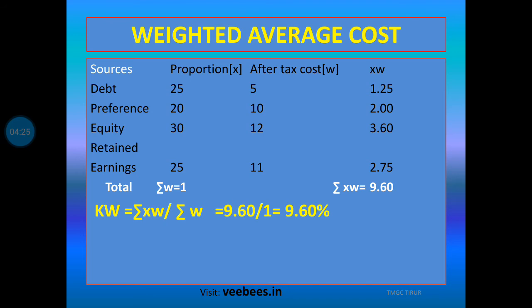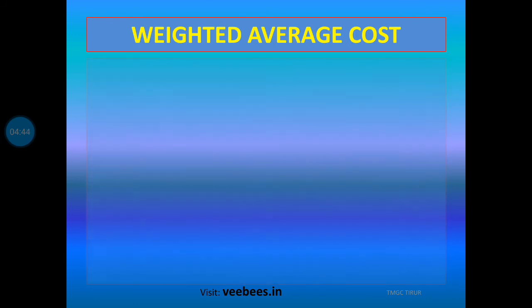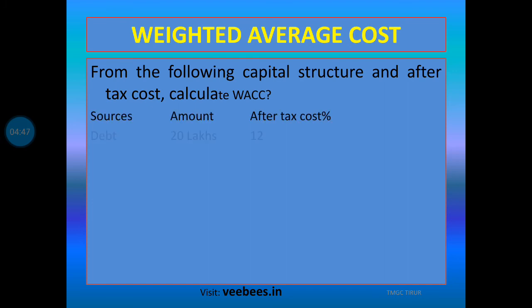Actually, there is no need for this division. Simply take sigma XW as the weighted average cost, because the total of proportion will always be 1. So the weighted average cost of capital here is 9.60%.